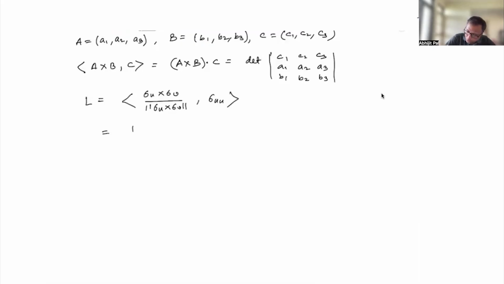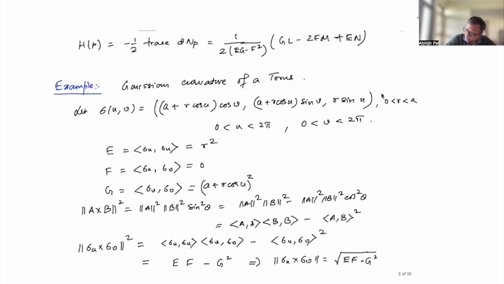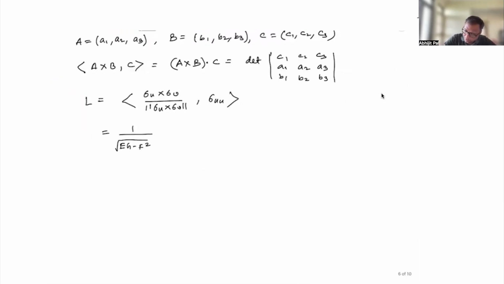Therefore, the norm of sigma_u cross sigma_v is equal to root over EG minus F squared. So L is equal to 1 over root EG minus F squared, multiplied by the inner product of sigma_u cross sigma_v with sigma_uu.